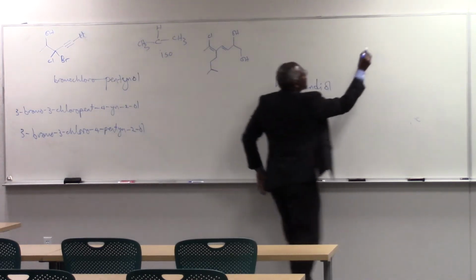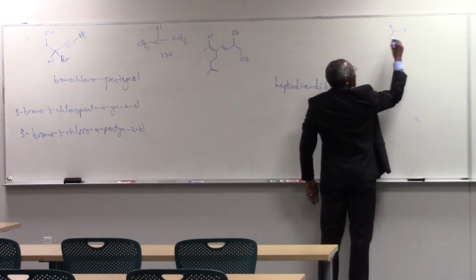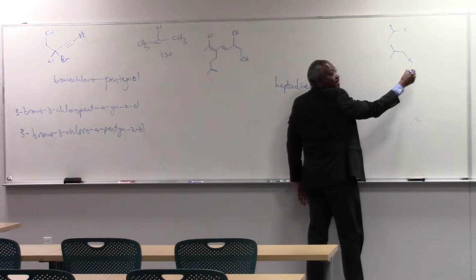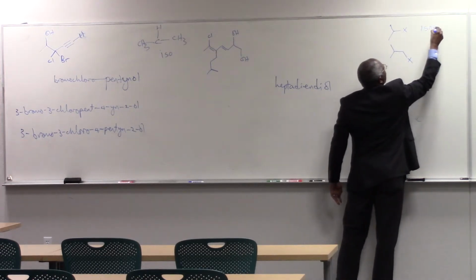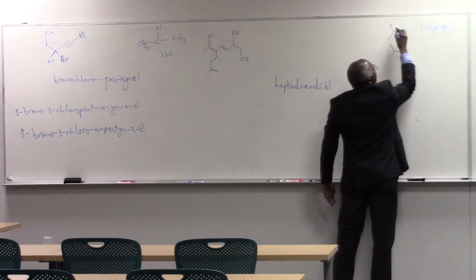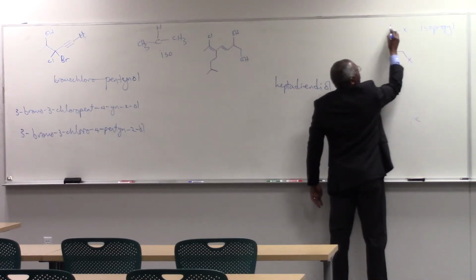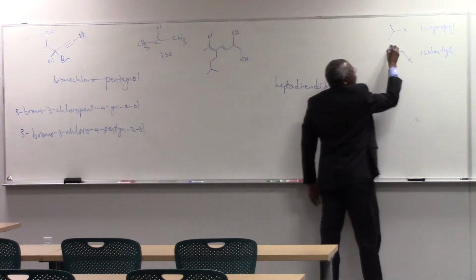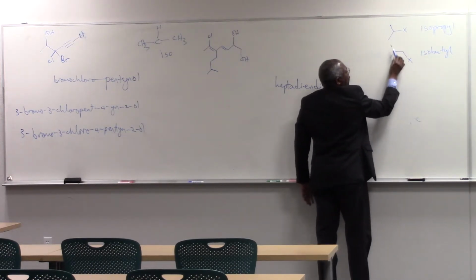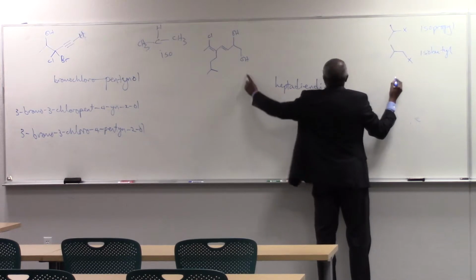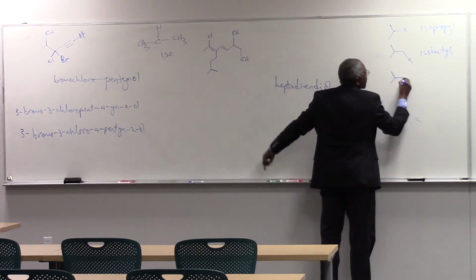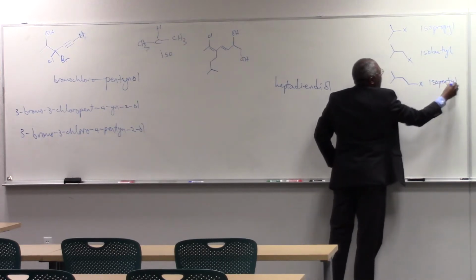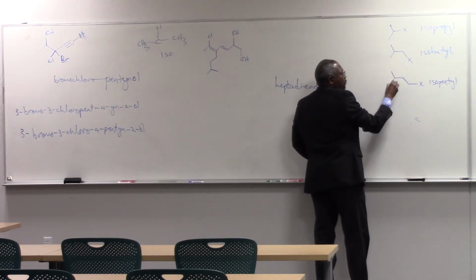So again, this is isopropyl: iso because of this, pro because it's got 3 carbons. Isobutyl: iso because of this, butyl because there are 1, 2, 3, 4 carbons. And in this case, this species would be isopentyl: iso, and 1, 2, 3, 4, 5 carbons.